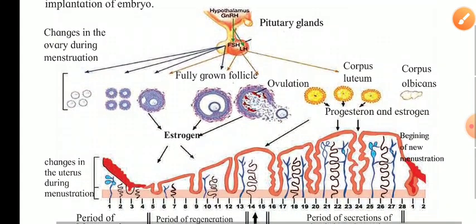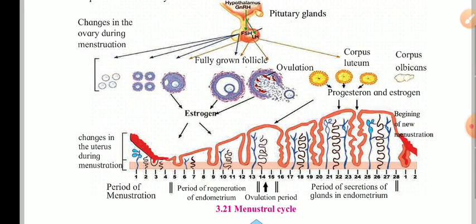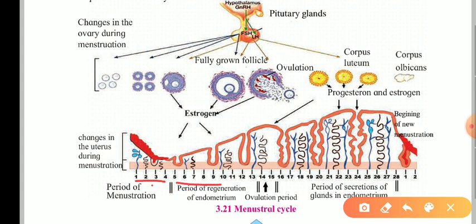Simply, with a picture, when we discuss this period of menstruation, they have given over here from day 1 till day 4. At the beginning, changes occur in the uterus, and then the period of regeneration of the endometrium starts from day 5 till the 13th day. You can see over here the changes in the uterus.